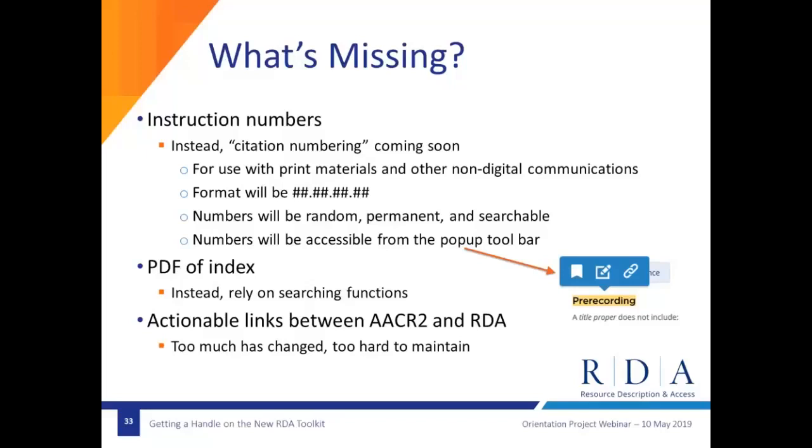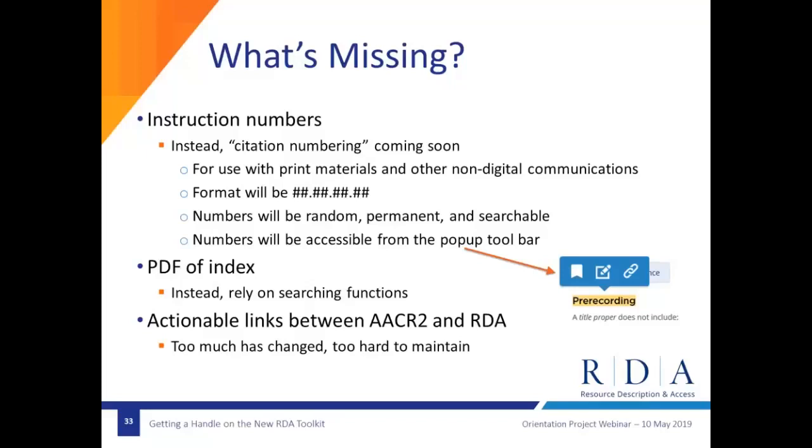But as I said, we recognize that this is not always how all of us work. So the citation numbering will be in the format that you see here, 2 numbers separated by a period for a total of 8 numbers. The numbers will be random, permanent, and searchable. So if you're looking at a single element page, say name of person, there will not be a unique 2-number element citation for everything on that page.